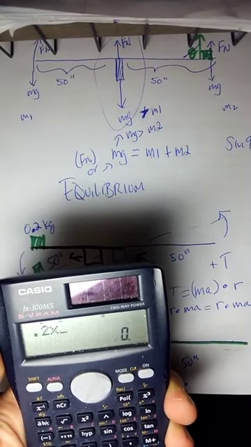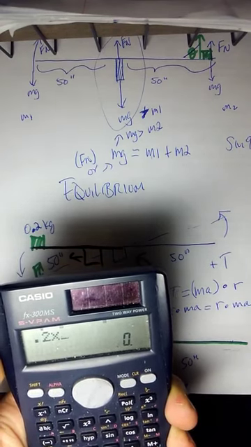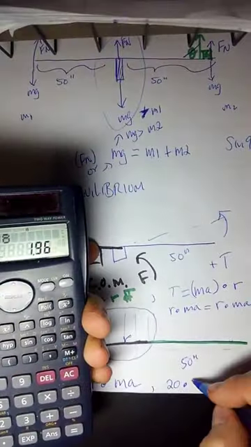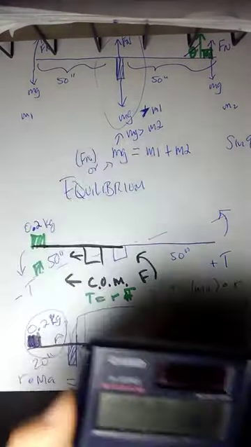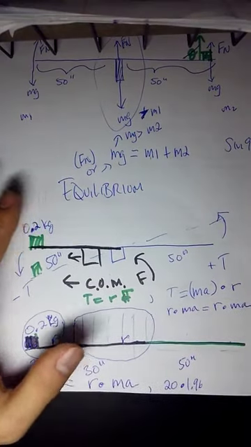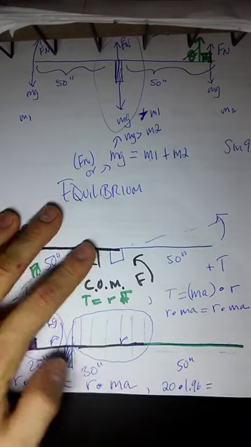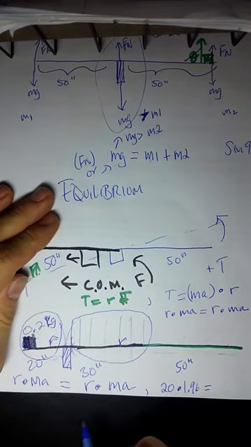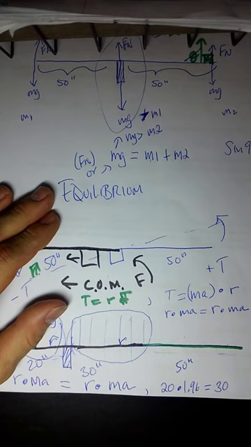I already have it in kilograms. I get 1.96 as my force. So I have 20 times 1.96 equals my new radius, which is going to be 30 inches. I'm just using inches in this case.